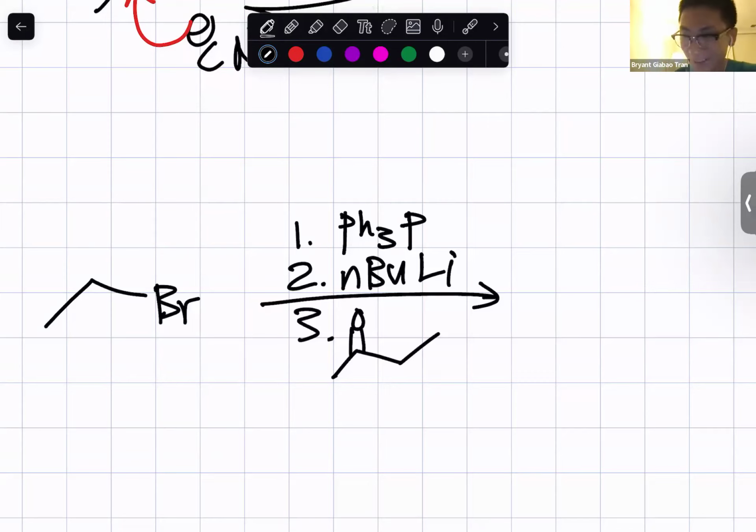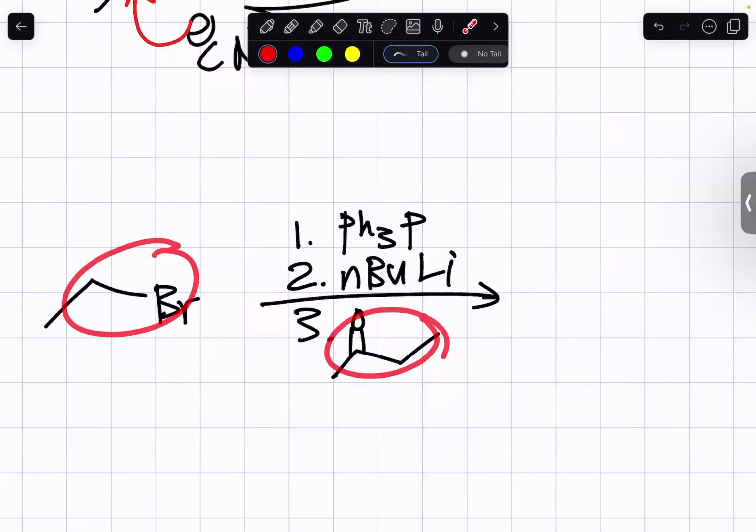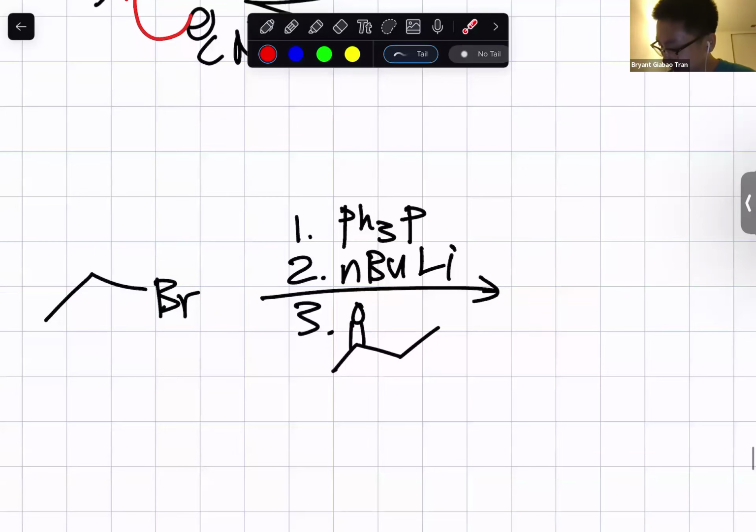Most likely it is an alkene, but it could be a benzene ring, anything that can do resonance. An alkene is one, a benzene ring is one, a carbocation is one, an anion is one. Anything that could do resonance would make an E isomer. And that would have to be present in the original haloalkane or the carbonyl. Doesn't matter which one. It could be both as well, right?